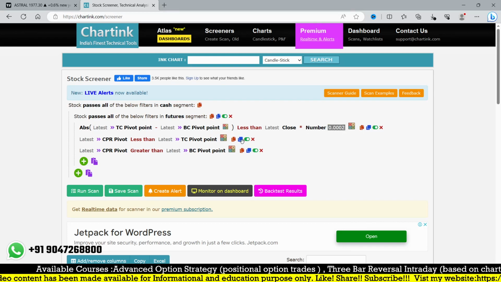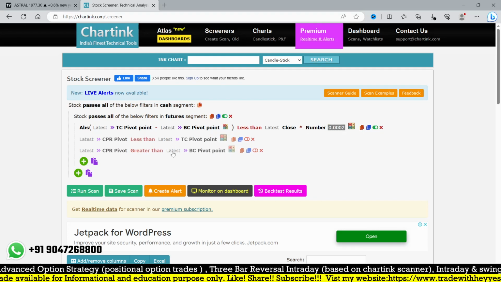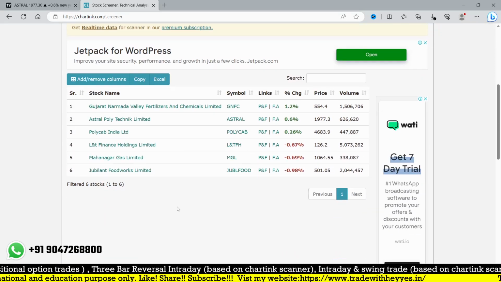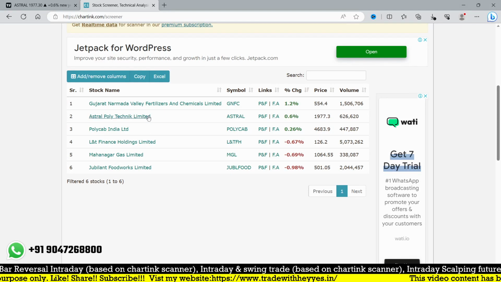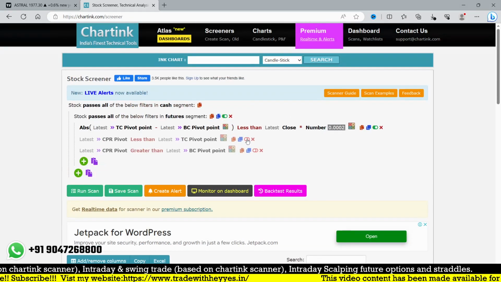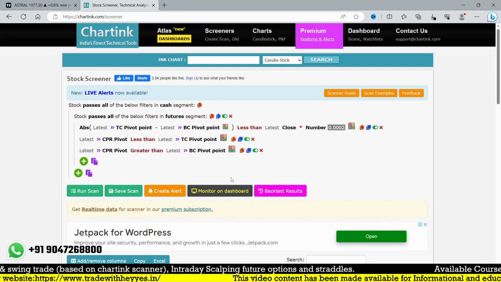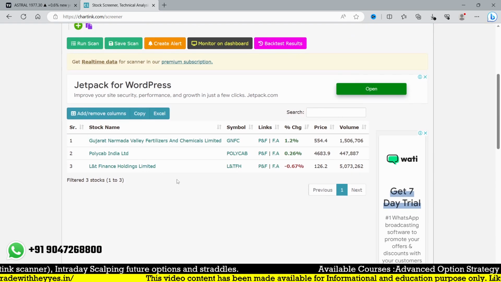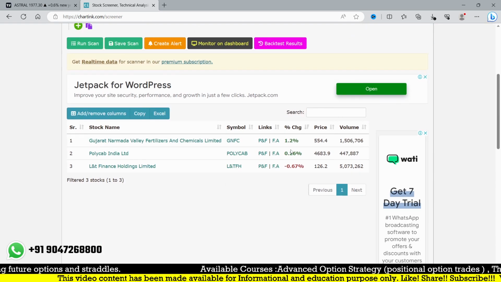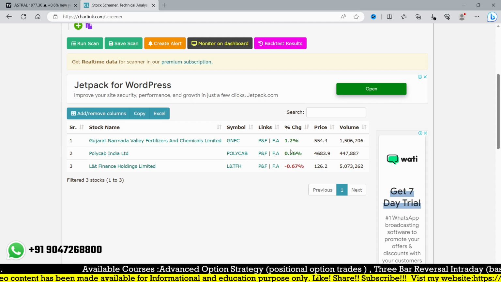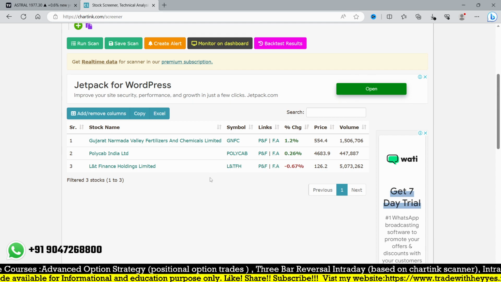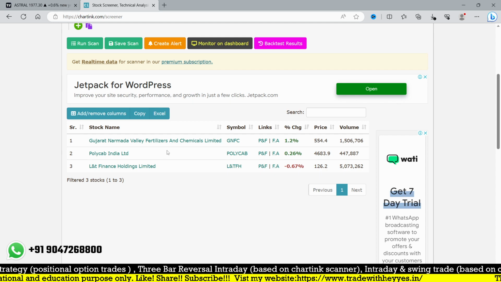Even if you avoid this too, this is the exact CPR we are calculating. So you will be getting some stocks, like 6 stocks, but if you add these conditions, we have only a few stocks. Okay, 3 stocks. So these are all quite good narrow stocks for tomorrow by using this particular scanner.